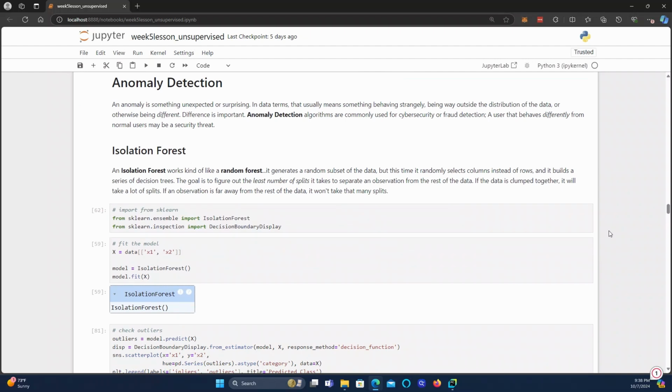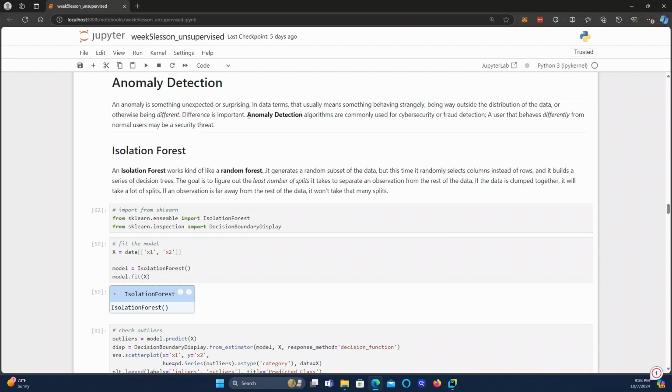Now, what do you guys think anomaly detection means? Well, an anomaly is something unexpected or surprising. Okay, so in data terms, that means something behaving strangely. It's way outside the distribution of the data, or somehow it's just different, okay? Difference is important.